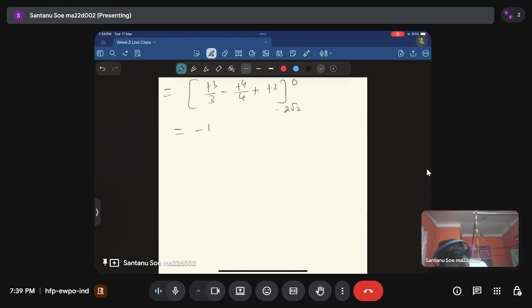This is minus 16 root 2 by 3, and this will be 16 to 4 by 4 plus 8. Sorry, minus of 8.